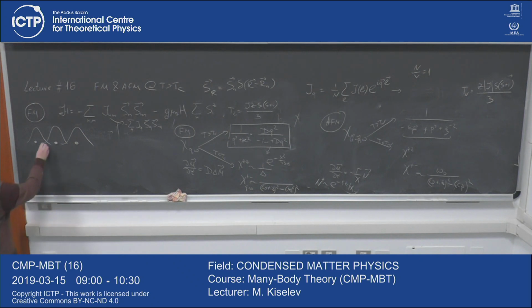There is a small overlap of the wave functions, which allows us to write the kinetic energy as minus t c dagger i plus 1 sigma c i sigma, where this is site i, this is site i plus 1, plus complex conjugate. This is a standard tight binding model, which is hopping between sites, and the t matrix element is given by the overlap of the wave functions.